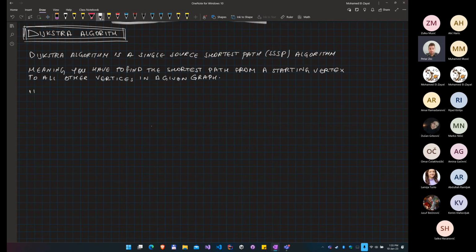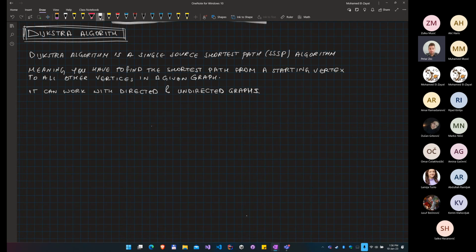So it can work with directed and undirected graphs.